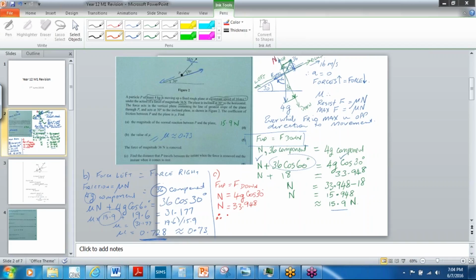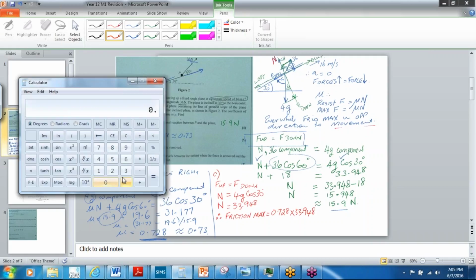Therefore, our maximum friction, while there's movement up the plane, and we're going to find the distance until it stops. Now it's going to keep moving until it stops. So there's still maximum friction in the opposite direction to that movement. Now the friction maximum will equal 0.728 or 0.73 times 33.948.